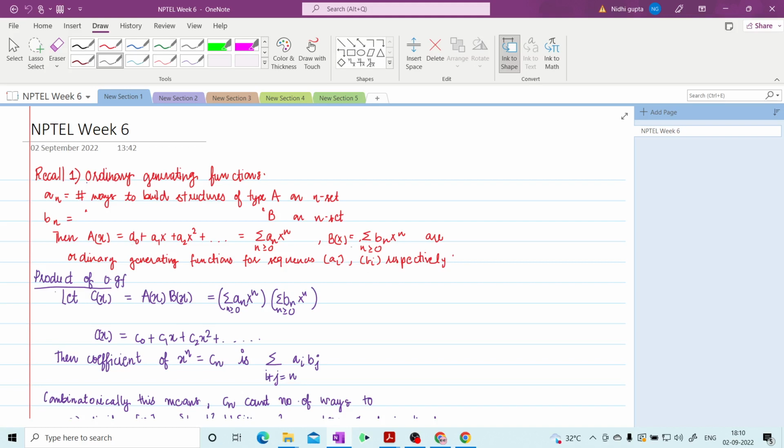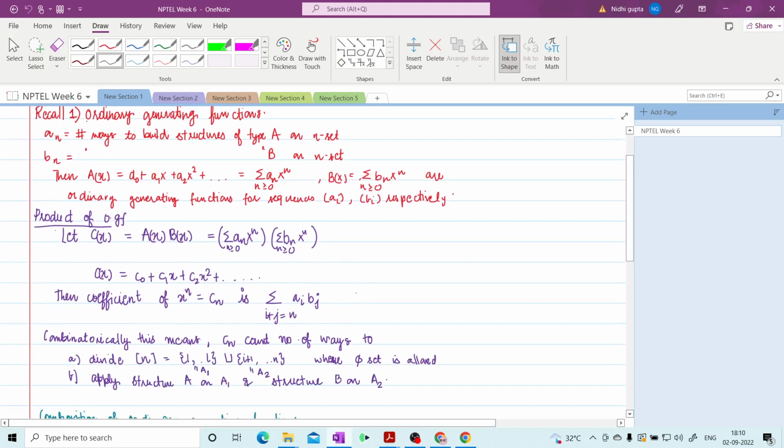Now suppose we have two ordinary generating functions A(x) and B(x), where the coefficient of x^n for A(x) is a_n and for B(x) it is b_n. We want to look at their product, so we are multiplying both these power series.